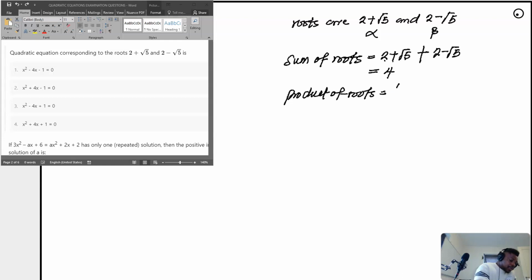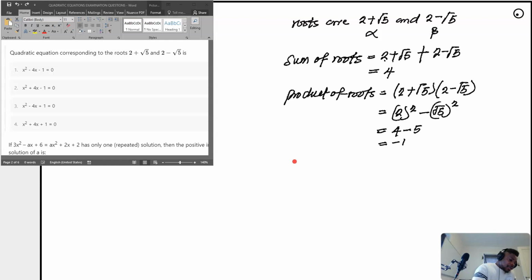Product of roots simply means we multiply 2 plus root 5 by 2 minus root 5. Okay? You can just use this, the easiest way to multiply when you have plus and minus. This is 4 minus 5. So that is minus 1.